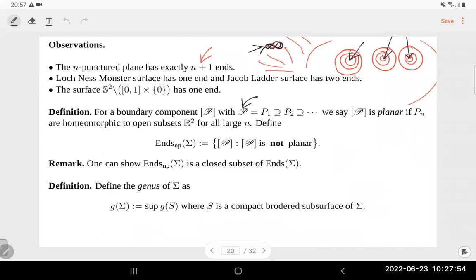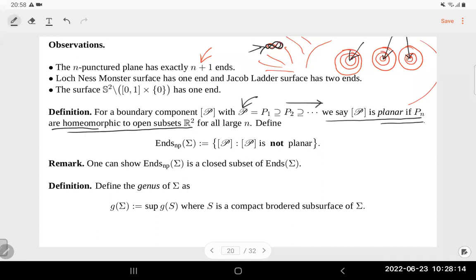We say Pn is planar if Pn is homeomorphic to an open subset of R2 for all large n. I mean, eventually you can embed this portion into the plane.